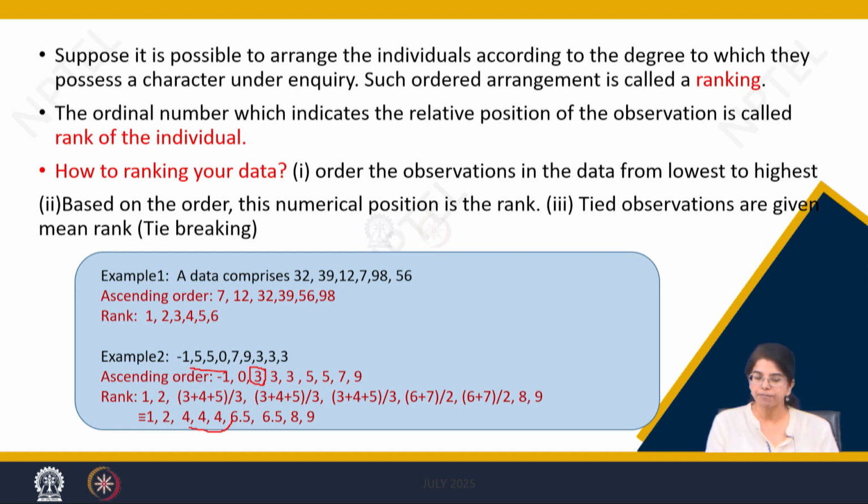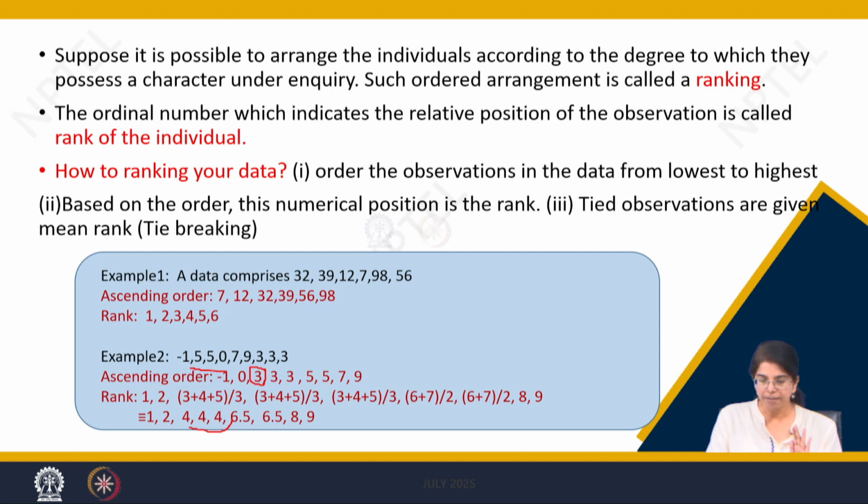Similarly, for 5 and 5, the tie of order 2, you just have to count after the 3s, that is 6 and 7. Is that clear? So the first one, -1, is rank 1, then 2, then 3, then 4, then 5. Make a halt here.